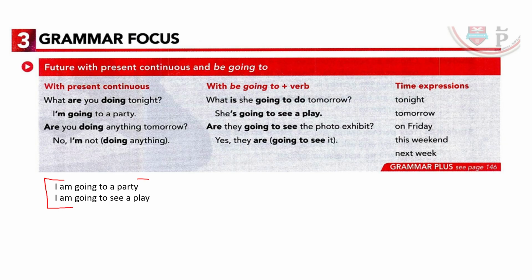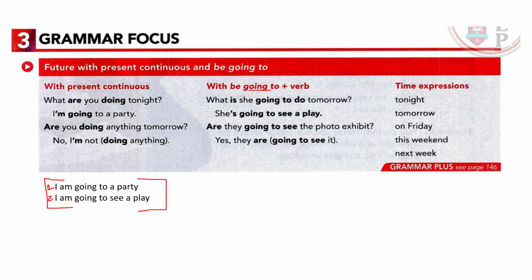Who can tell me what is the difference between sentence number 1 and sentence number 2? What is the difference between "I am going to a party" and "I am going to see a play"? Which sentence is in present continuous and which is using going to?